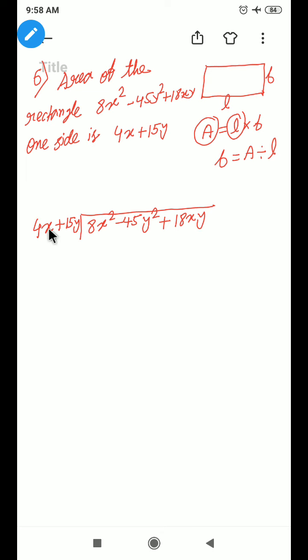Which number do you have to multiply to this to get 8x square? That will be nothing but 2x. So if you multiply this with 2x, you will get here 8x square. And if you multiply 15y into 2x, it will be 30xy. So this 30xy you have to put below this 18xy.